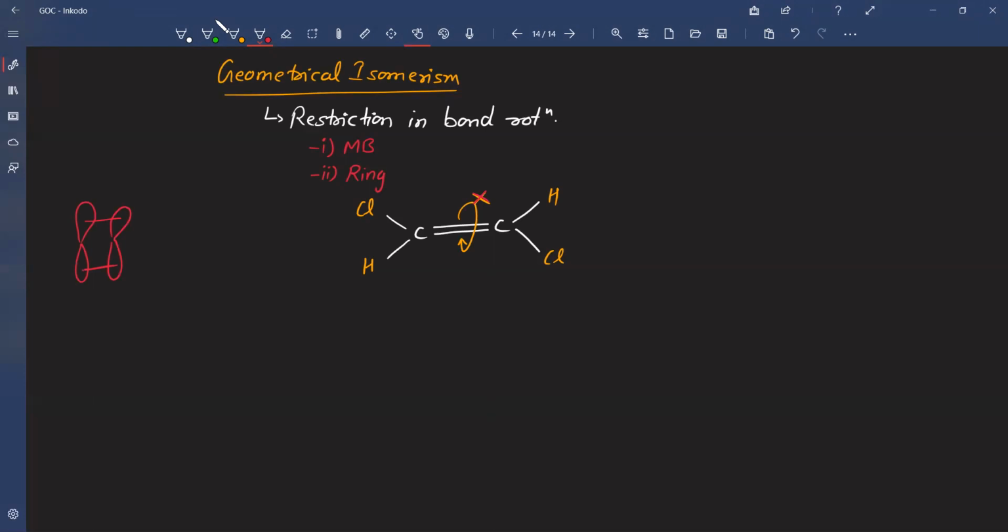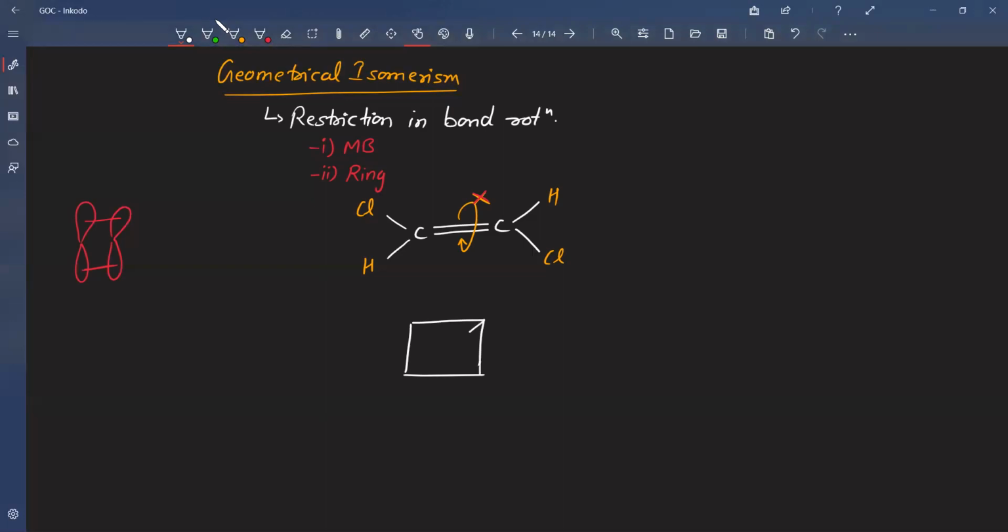Second case, if there is a compound like this, right? A compound having a ring. Now on each vertex of this rectangle which you are seeing, there will be two valencies, right?